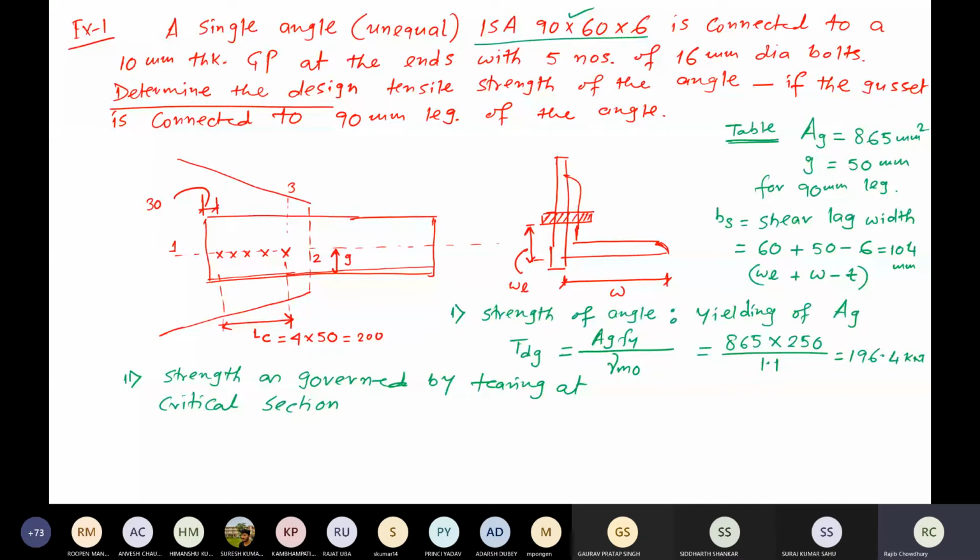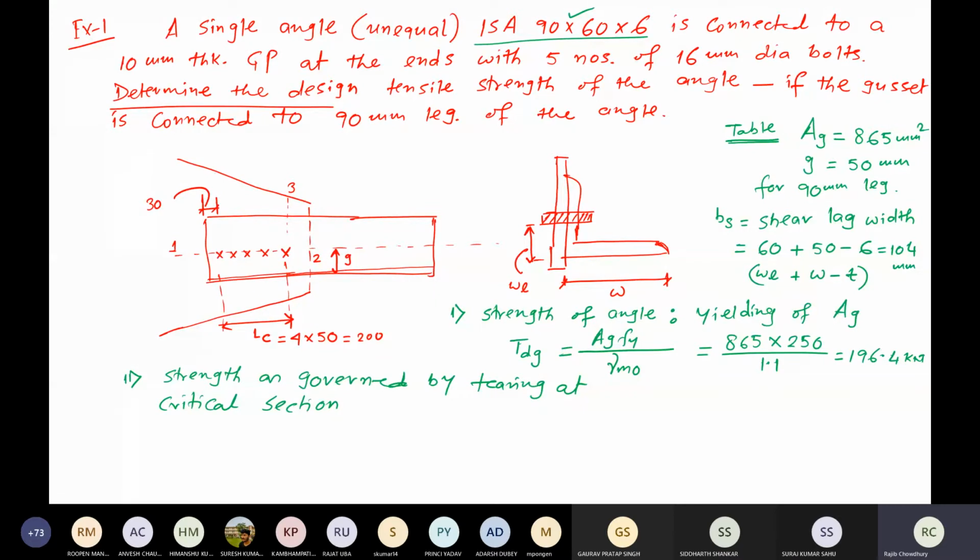Okay, now if we are going with that, then we are going to find out, same as what we did before, identify the critical section and then define the AN and all.